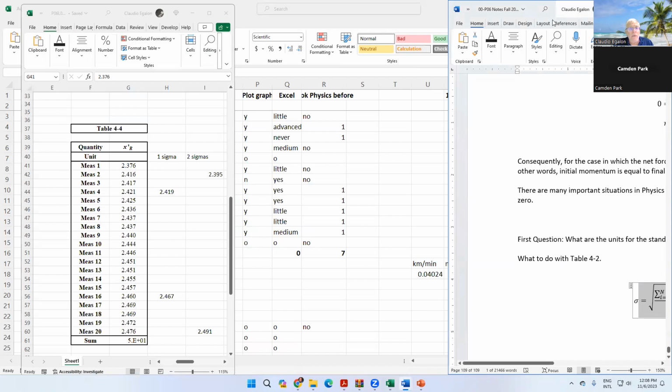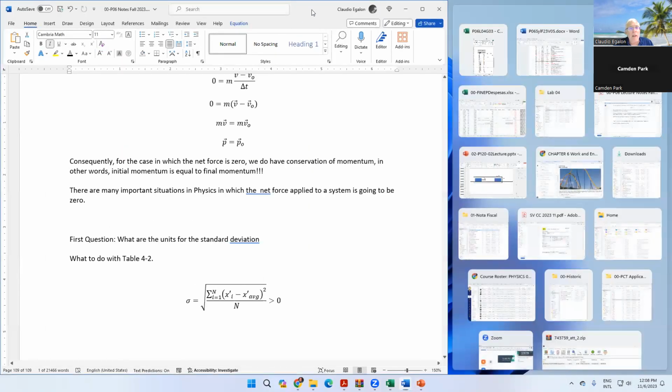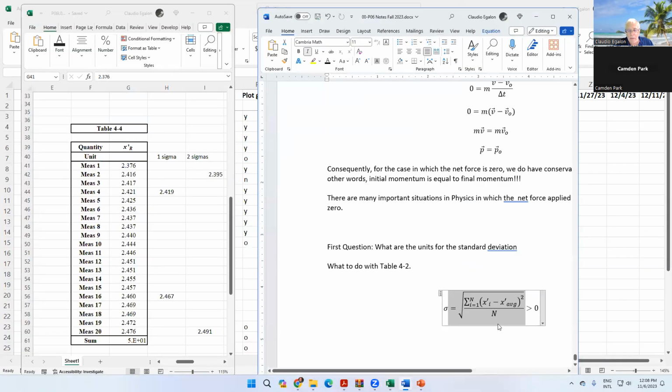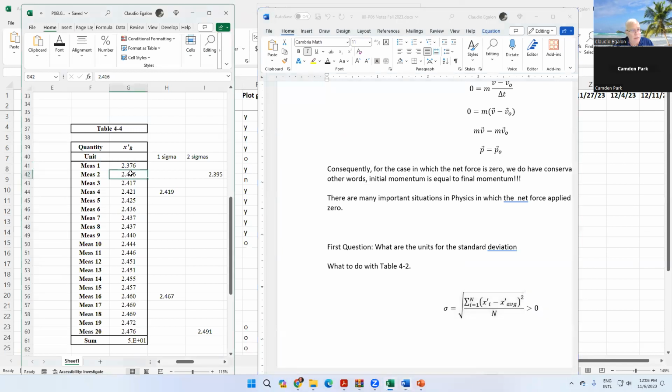Let's see here. Okay, so this one minus the average is squared, plus this one minus the average is squared. Do you understand what we're doing here? This one minus the average is squared.